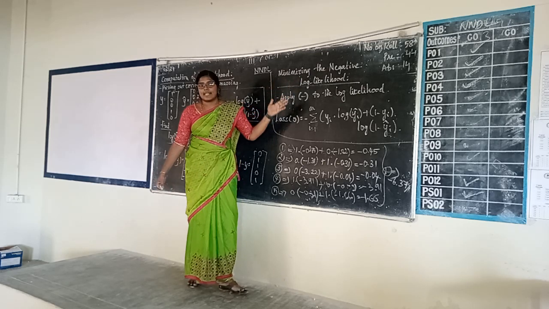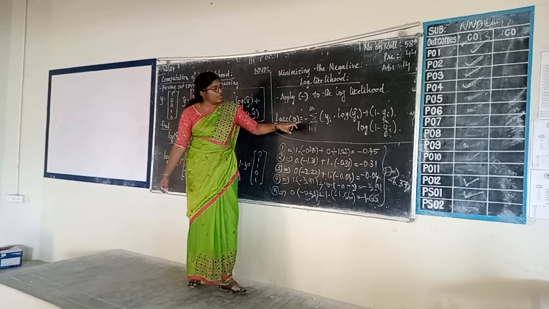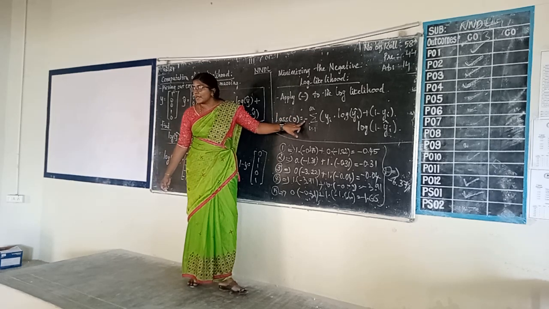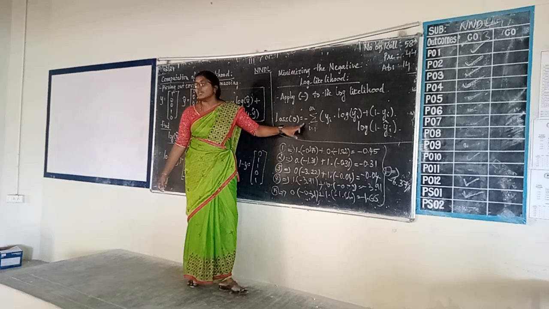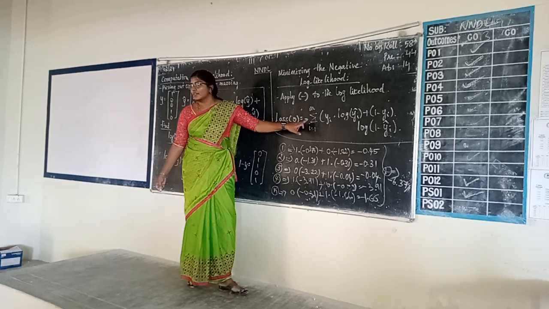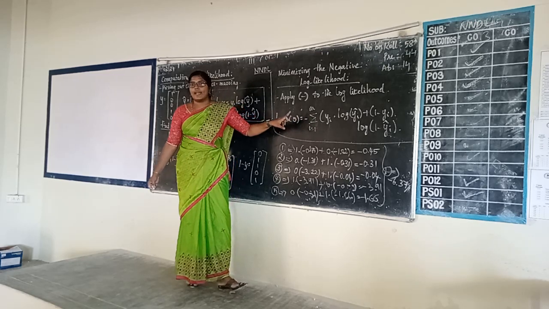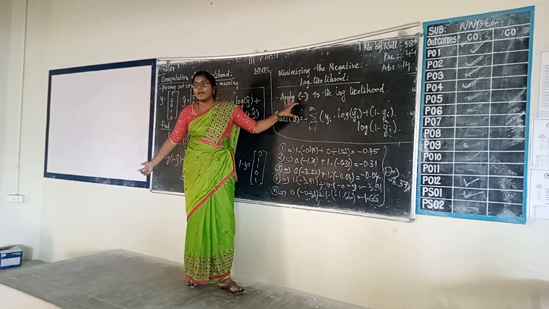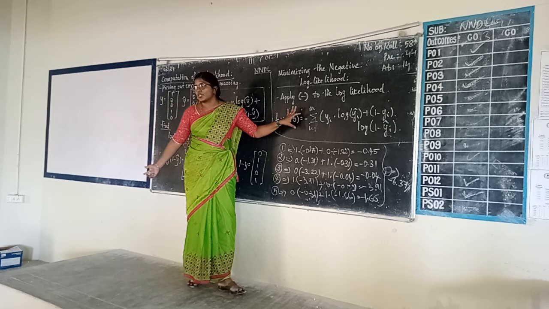It is just the same formula, but here you use the minus in the precedence. So the problem may be based on the maximum log likelihood function or the negative log likelihood function.